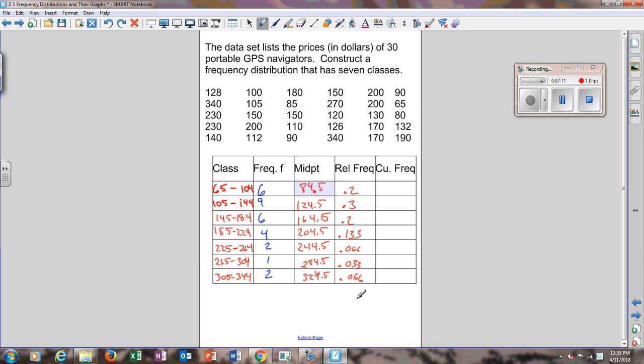Now if we take these relative frequencies and add them up, they should add up to 1. So go ahead and add these up, because that's the only way that you will know for sure that you did the relative frequencies right, other than the fact that you know how to divide.